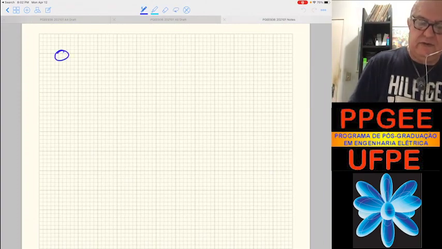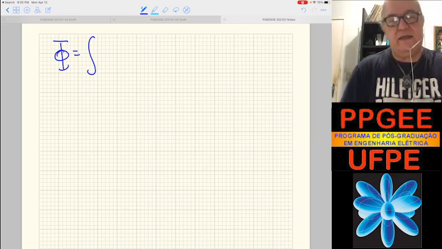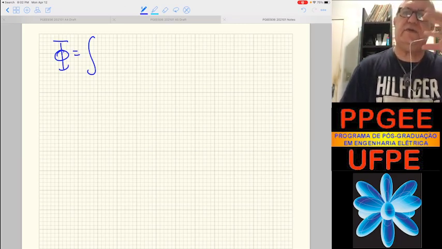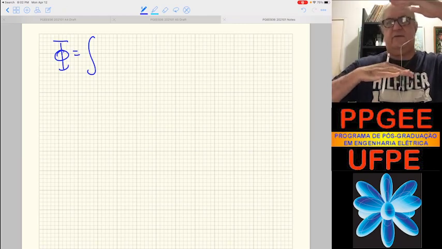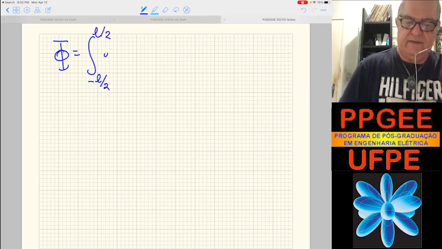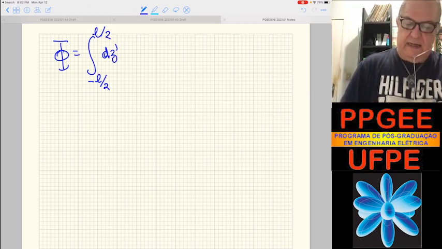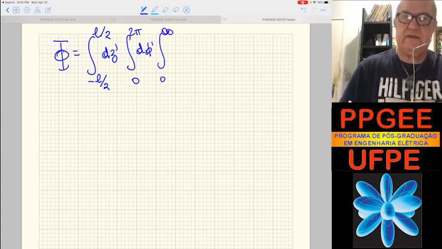The potential equals the integral, not in the whole space, but in the part that contains the distribution throughout a length L. So it's the integral from minus L over 2 to L over 2 dz prime, the integral from 0 to 2 pi d phi prime, the integral from 0 to infinity, the whole space, r prime dr prime.